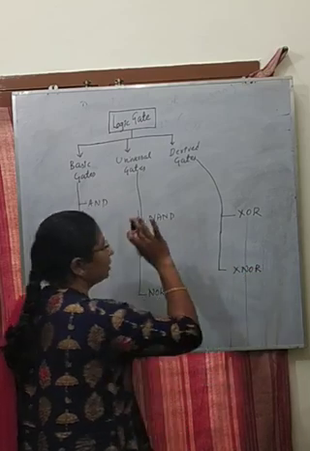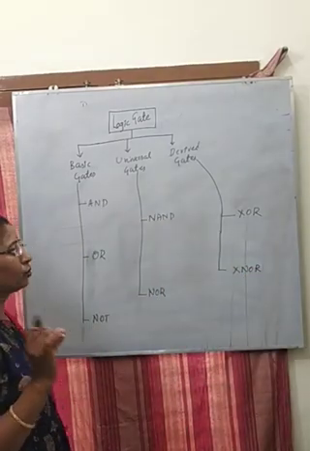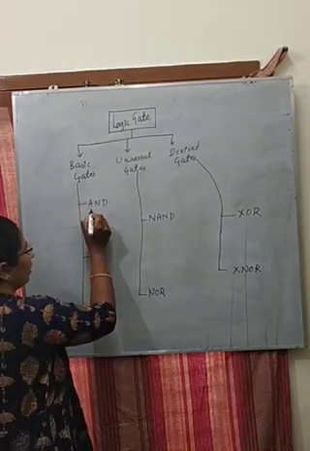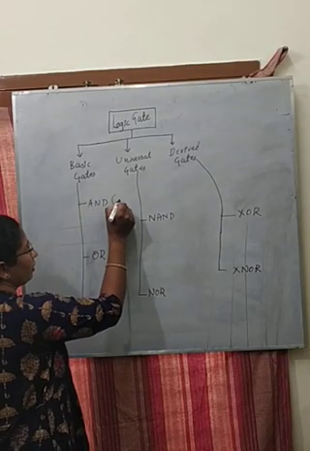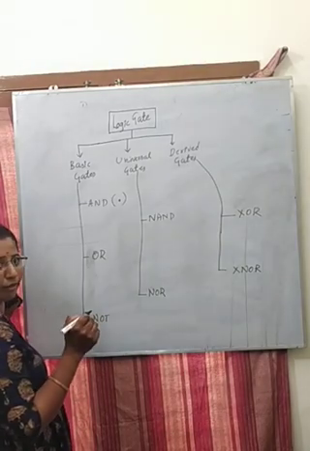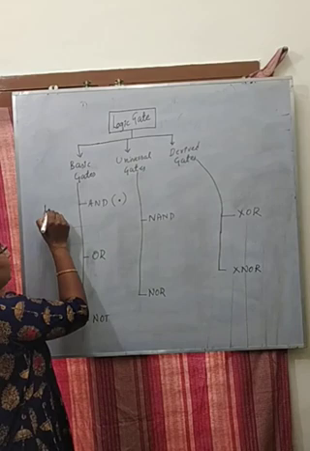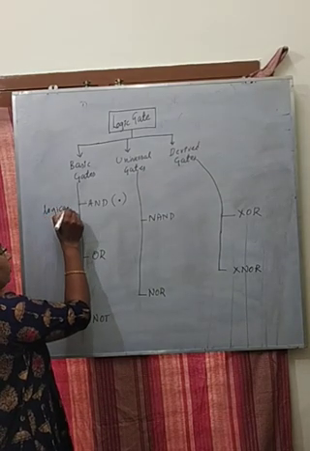Please remember, this complete diagram gives you 1 mark questions as well as 3 mark questions. AND gate, what is the symbol of AND gate? Dot is the symbol of AND gate. It performs logical multiplication.